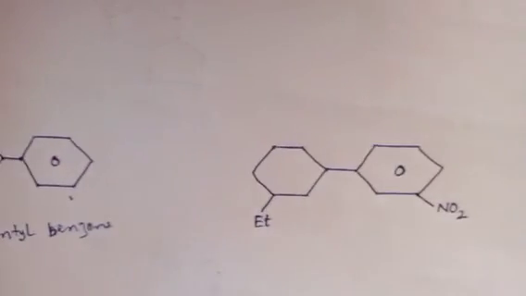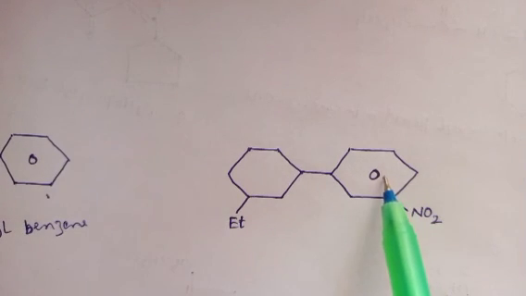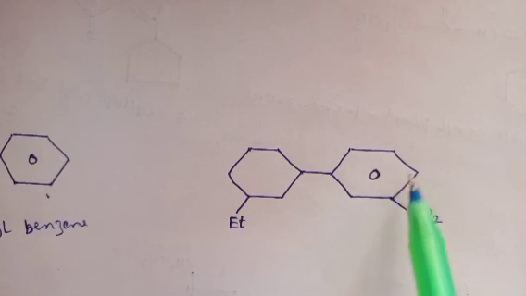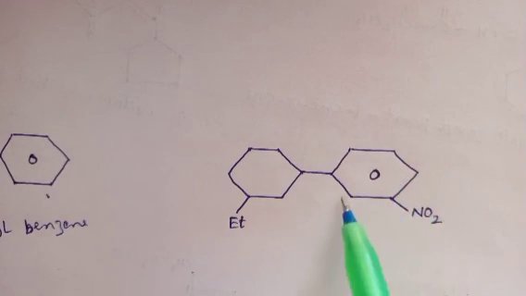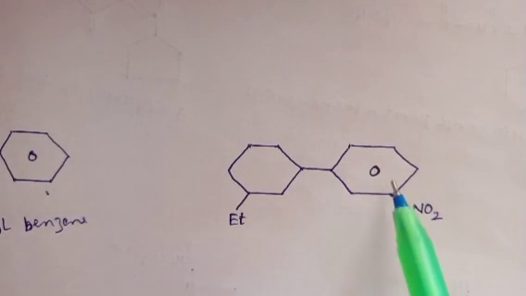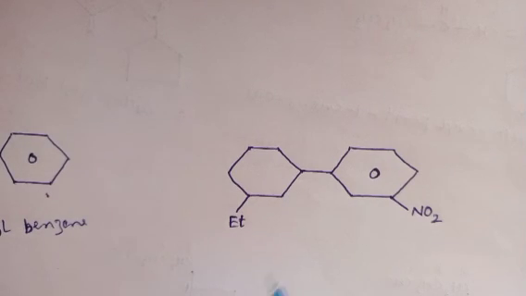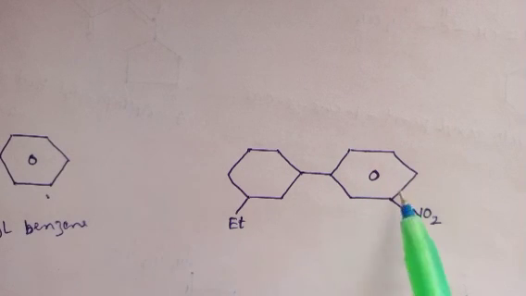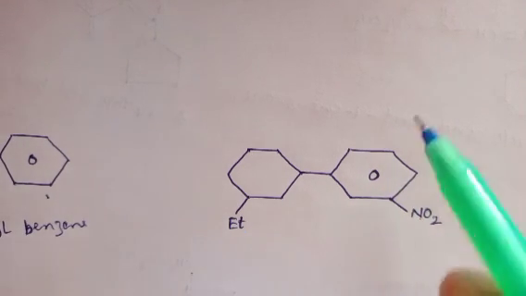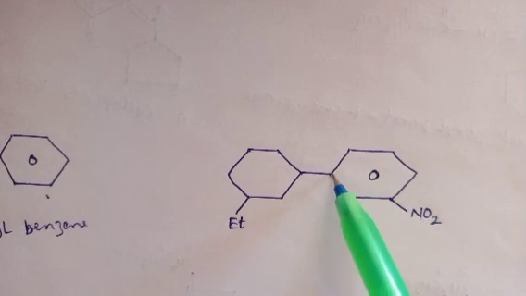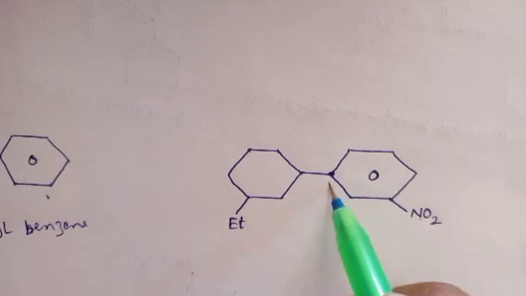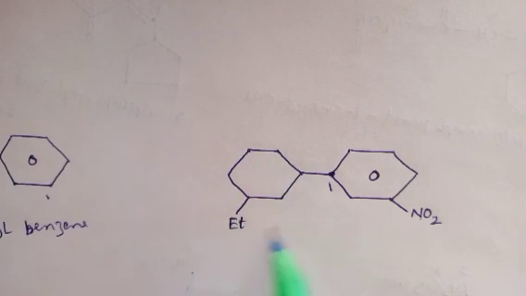Okay, next one. Here also this is benzene, and this is cyclic. This one also contains 6 carbons, but benzene also contains 6 carbons and 3 double bonds inside. Benzene is the main one, and this acts as the dummy one. This one contains a substitution, and the benzene also contains a substitution.